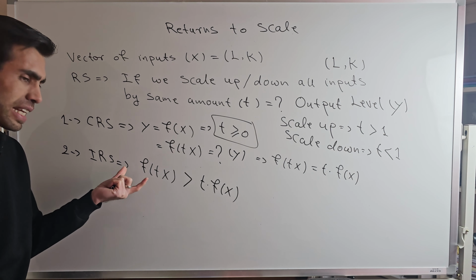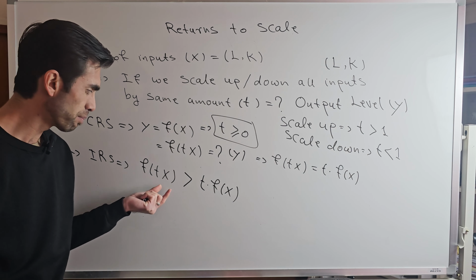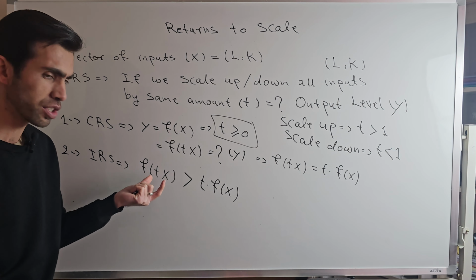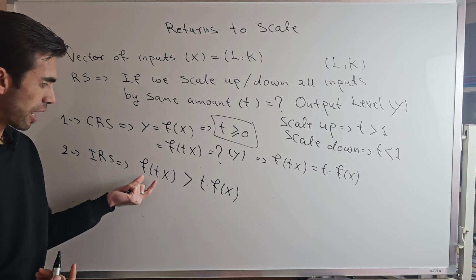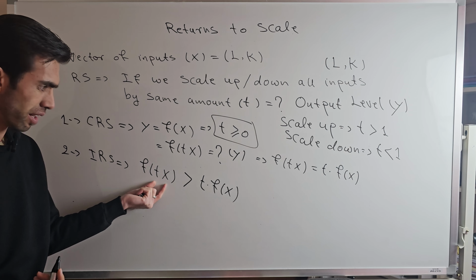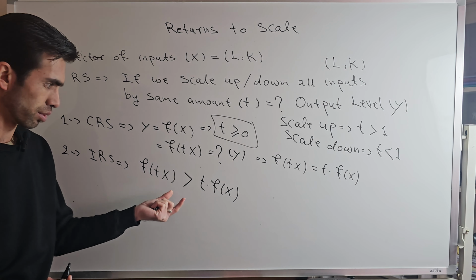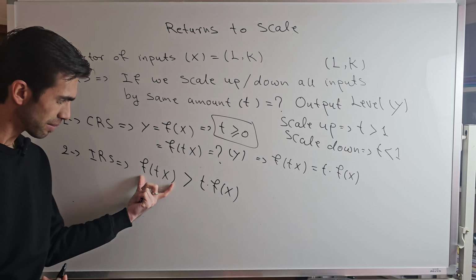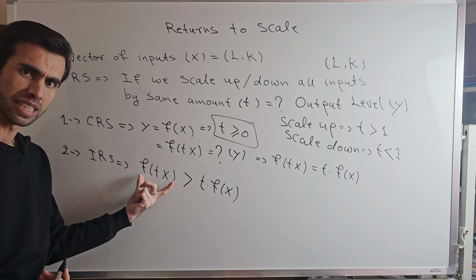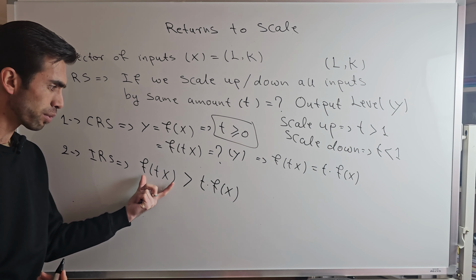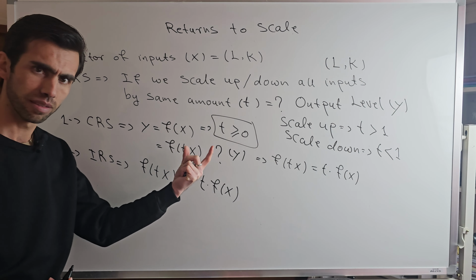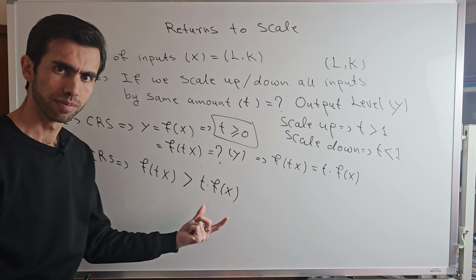It means if we double our input level, suppose t is 2, the output that results from doubling the inputs is greater than double.